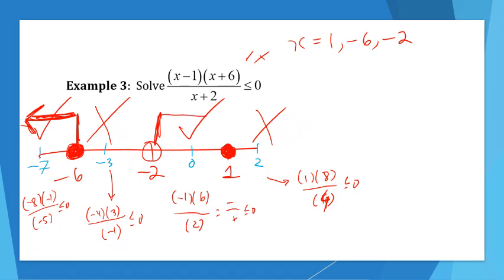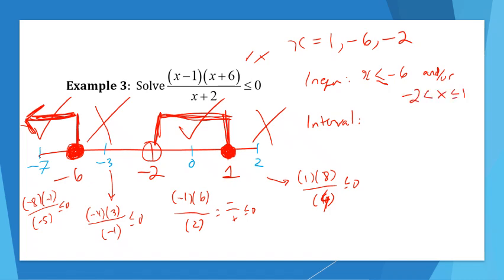And so marking our inequality, it's going to be anytime x is less than -6, and anytime x is between -2 and +1, not including -2. So our inequality and our interval, I'll write both. Inequality-wise, anytime x is less than or equal to -6, or anytime x is between -2 and 1.